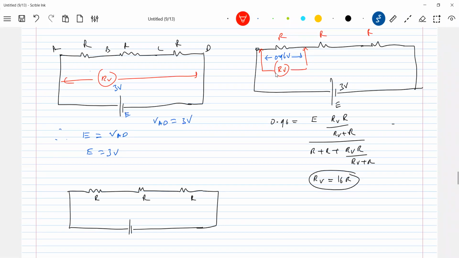It is short circuited from A to C. This is A, B, C, and this is D. And the voltmeter is connected between B and D.